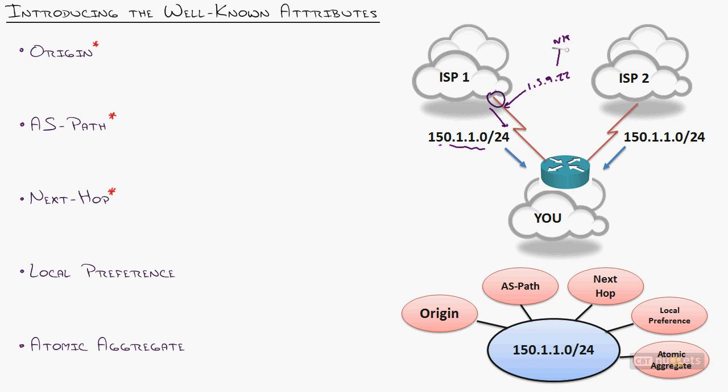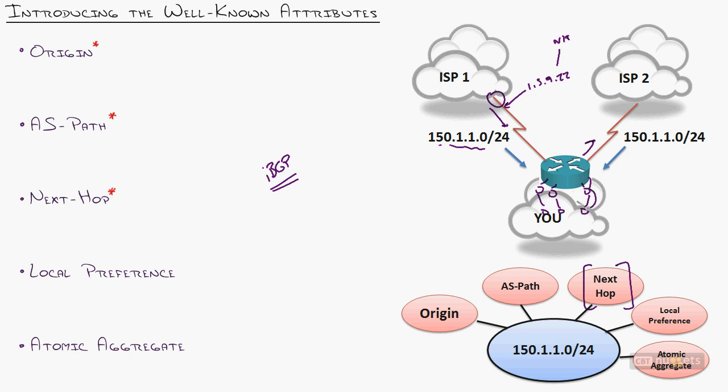Now, when you get more into BGP, which we will, you will find that the next hop attribute can be a booger. Seriously, when you start getting into internal BGP, you find out that one of the rules of iBGP is that it never changes attributes. So for instance, let's say this is your router that connects to outside ISPs, and you've got other routers in here, your core devices, all this kind of stuff.